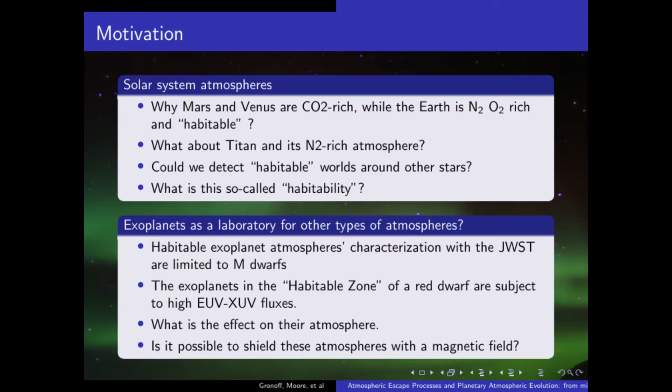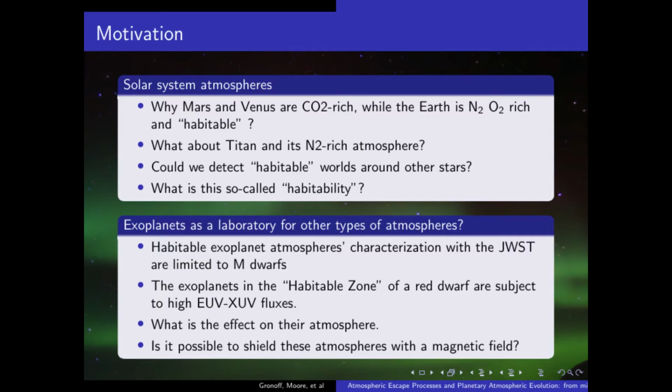So it's not to say that we cannot do other kinds of exoplanetary work with the JWST, but if we want to be able to have a good idea of the atmospheric composition around planets that could be able to host life and host liquid water, then the main targets are M dwarfs.